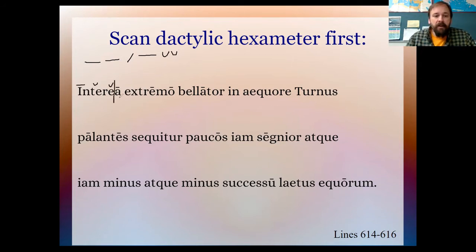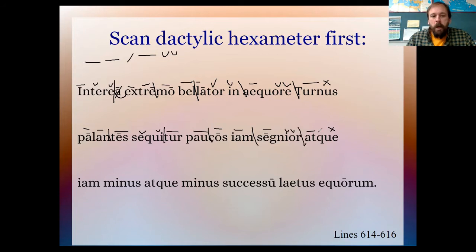Inter a. I have an elision here. Extremo bellator in aequore Turnus. Inter extremo bellator in aequore Turnus. Palantes sequitur paucos iam senior atque.